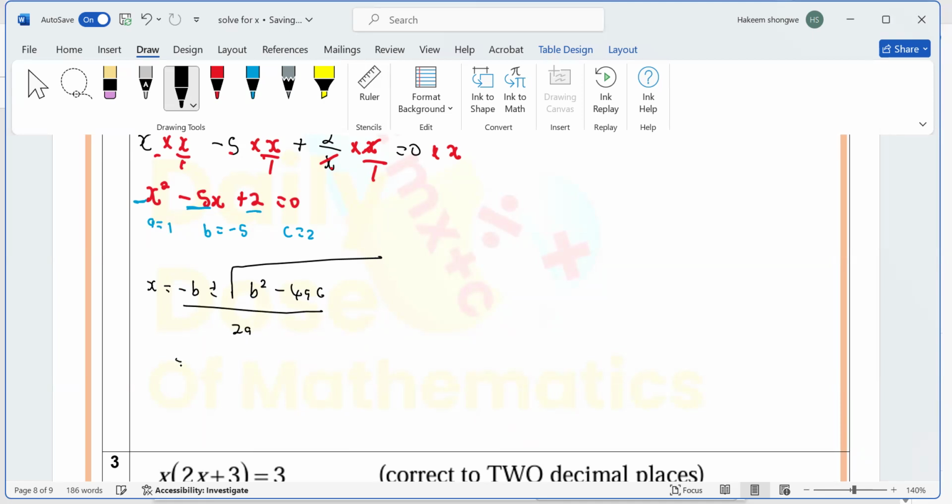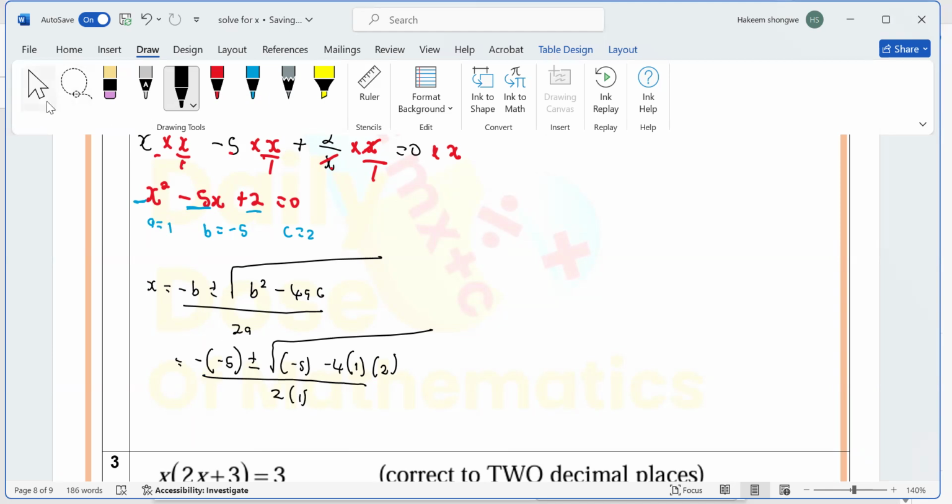And then we have minus, open bracket, negative 5, plus and a minus, the square root of bracket 5 squared minus 4 times 1 times 2, all over 2 multiplied by 1.